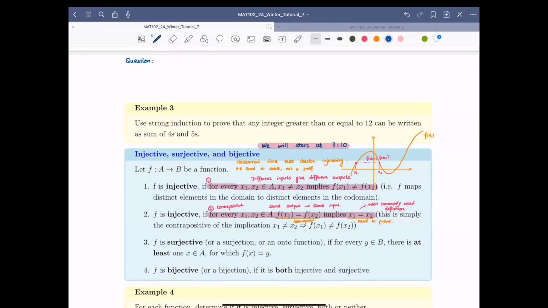Let's say I have a function mapping from integer cross integer to integer. And I'm not going to define a property because I cannot think of a function at the moment. Let's just say f(a, b) equals y, where y can be anything.